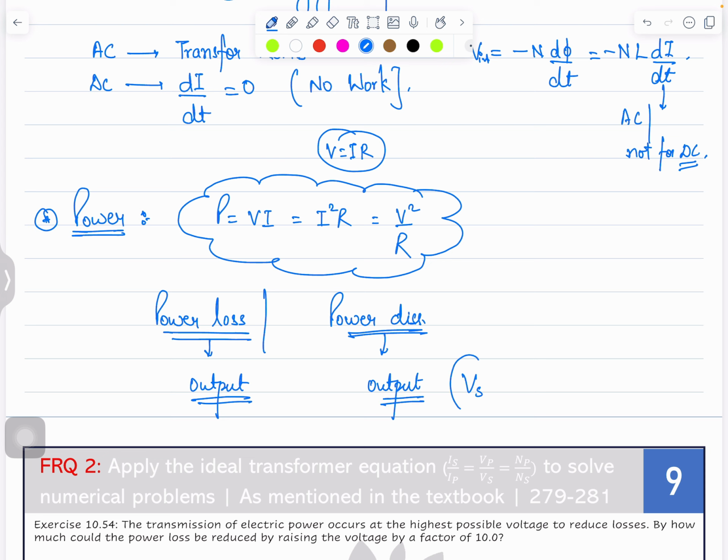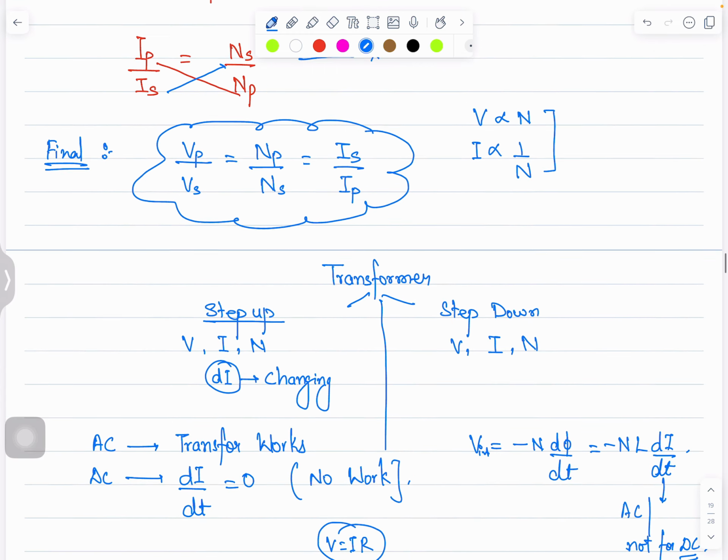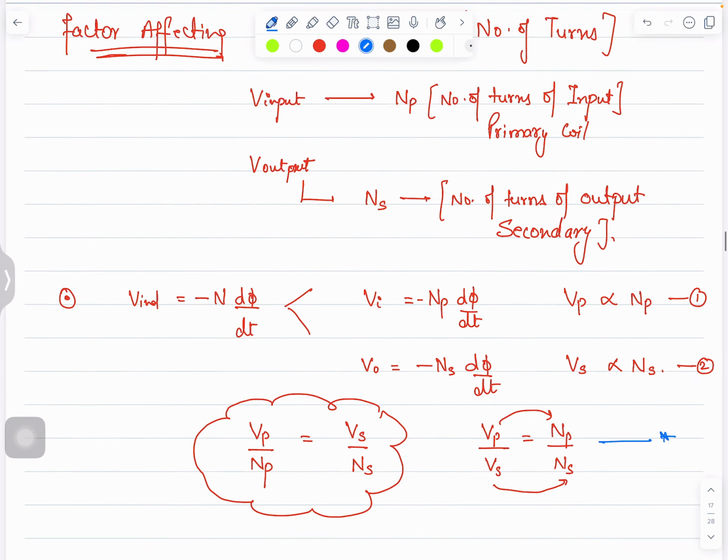So always remember VS, or power of S, not in terms of primary. We are not going to solve anything in terms of primary, everything in terms of output. Either it is step up, that is also output. Step down, it is also output. So you understand from here now how the things will change.